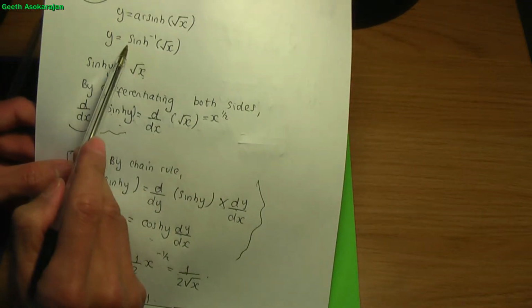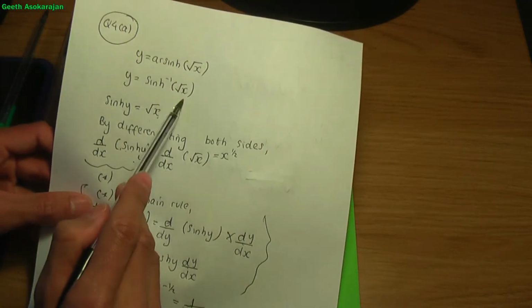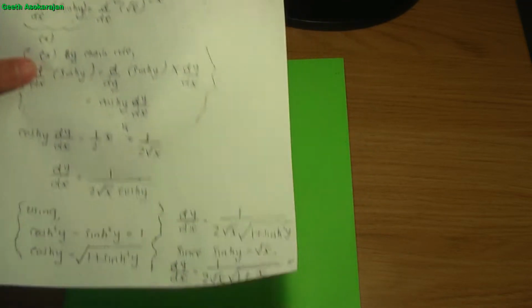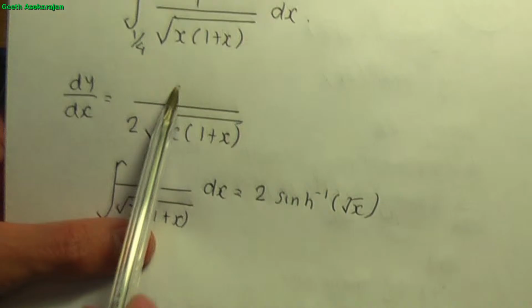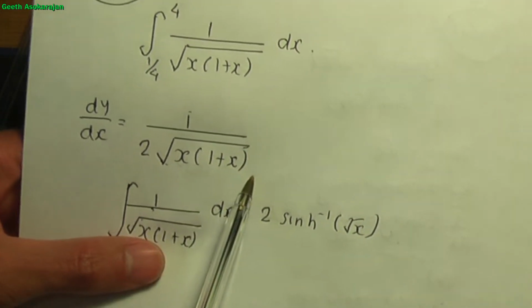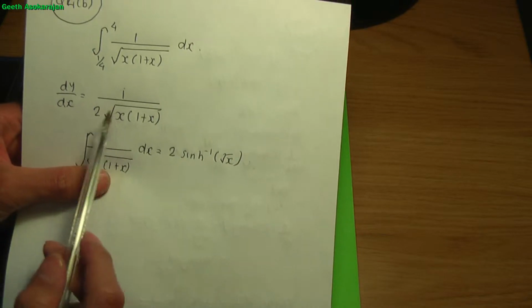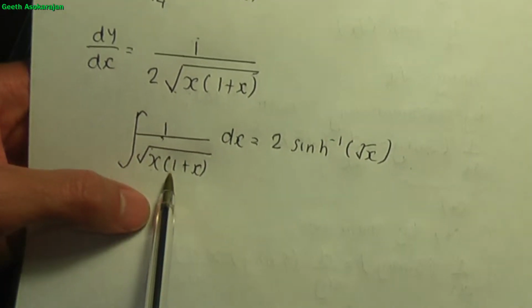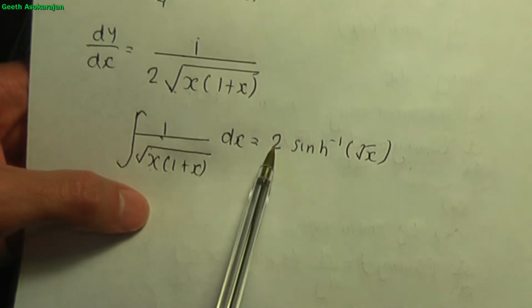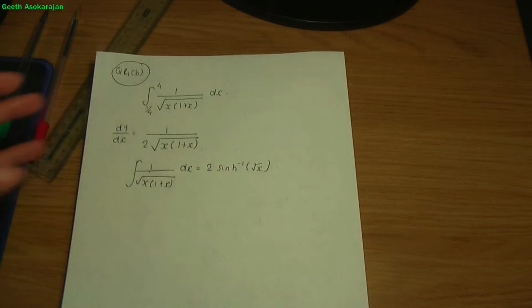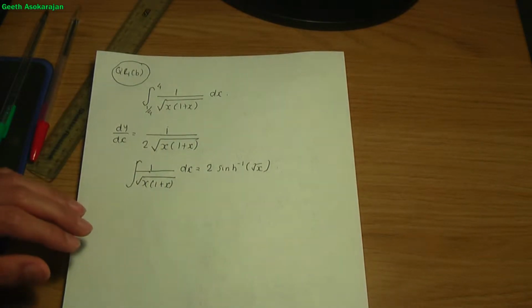Because if we differentiate inverse hyperbolic sine root x, we get 1 over 2 root of x into 1 plus x. So that means that if you integrate 1 over the root of x into 1 plus x, you're going to get twice inverse hyperbolic sine root x. So that is the trick with this question.